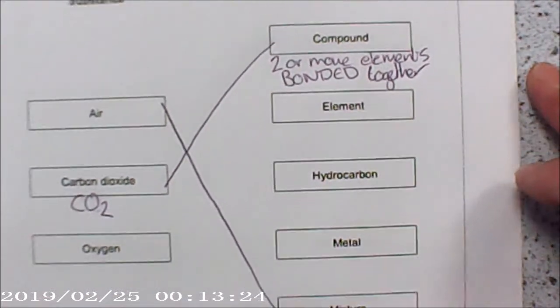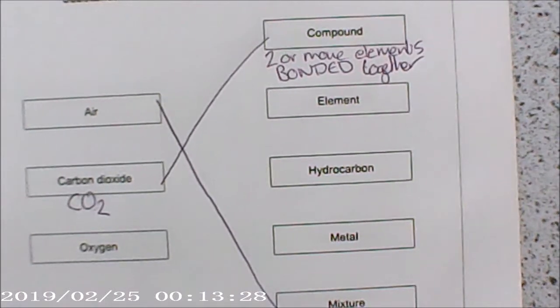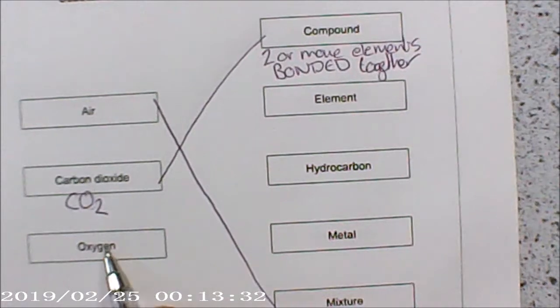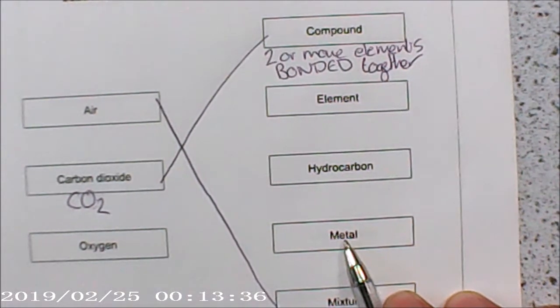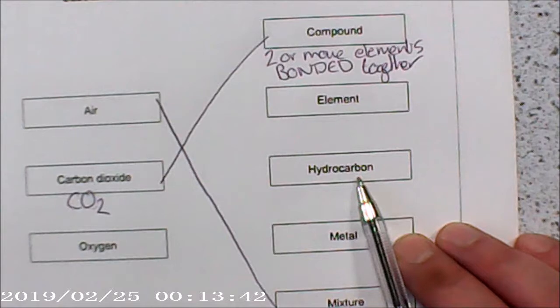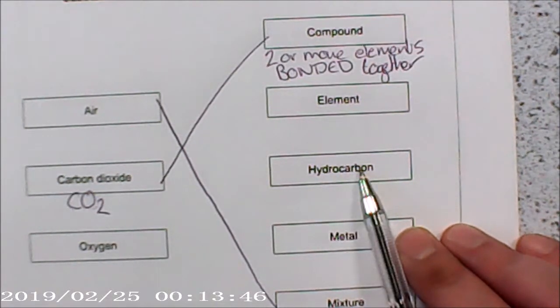So we're left with 3 more options now. We've got element, hydrocarbon and metal. So our last one is oxygen. So we know that oxygen isn't a metal because it is on the wrong side of the periodic table. We know that oxygen is not a hydrocarbon because we did crude oil. We know that hydrocarbons contain hydrogen and carbon only.